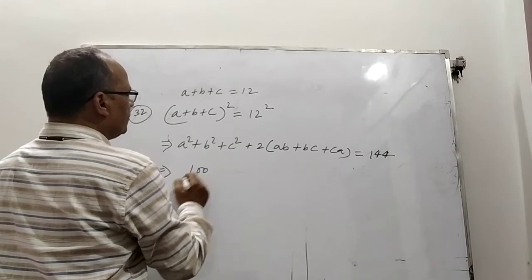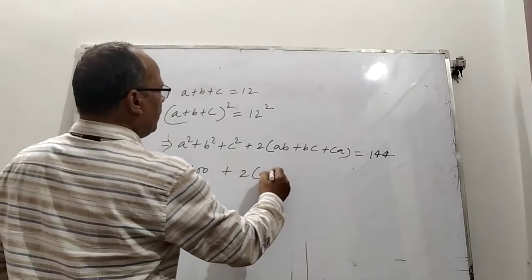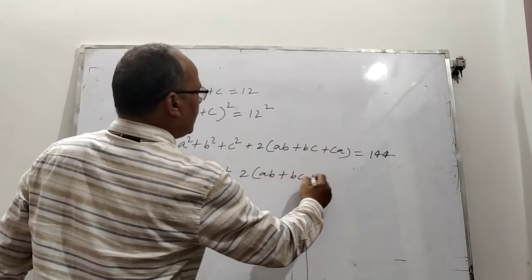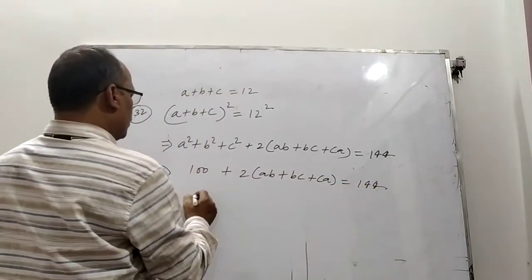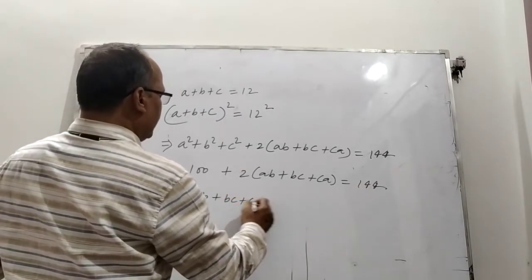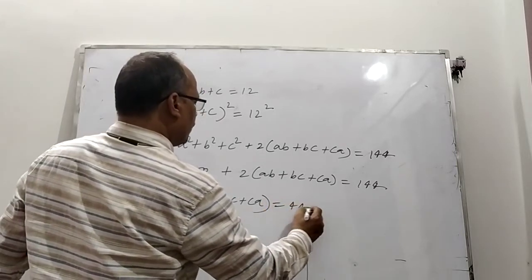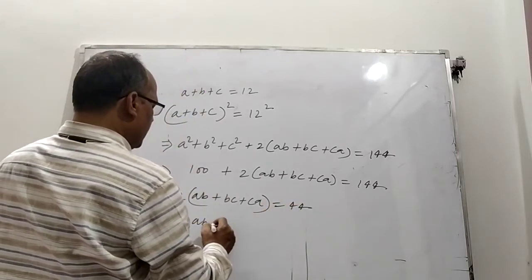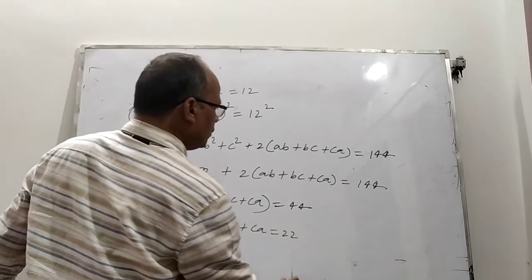This will be 100 plus 2 in bracket AB plus BC plus CA equal to 144. So 2 into AB plus BC plus CA equal to 44, so AB plus BC plus CA equal to 22.